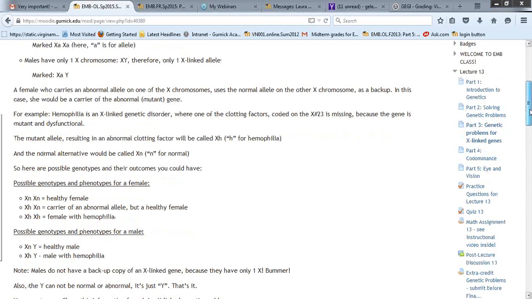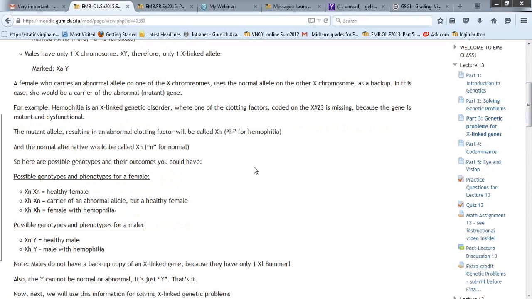So when we are talking about X-linked genetic disorders and X-linked genes, when we do the X-linked problems for these genetic disorders, we use the X's. We put an X with an N for normal, which would designate a normal gene found on the X chromosome.